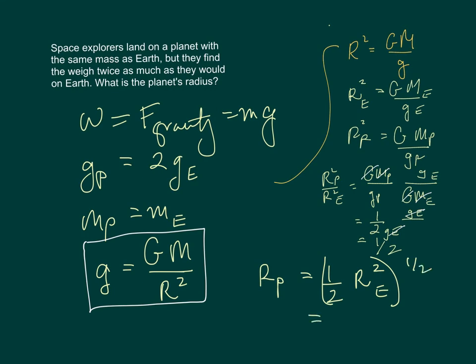We get the factor that relates them as just being 1 over the square root of 2 times R E. And this is our main result.